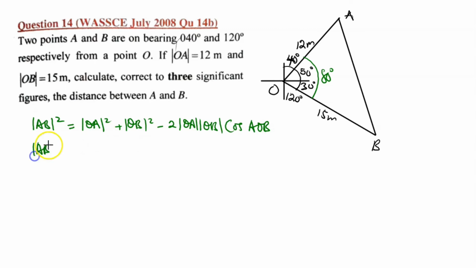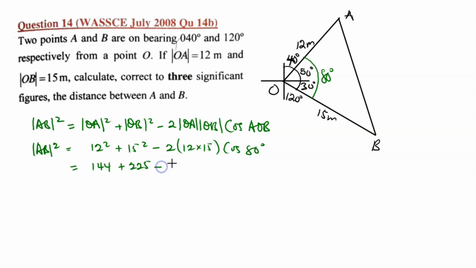So let's do a simple substitution. The length of AB all squared will be equal to OA, which is 12, squared plus OB, which is 15, squared, minus 2 times 12 times 15, then cos of the angle 80 degrees. Simplifying, we have 144 plus 225 minus 2 times 15 times 12, that gives us 360.